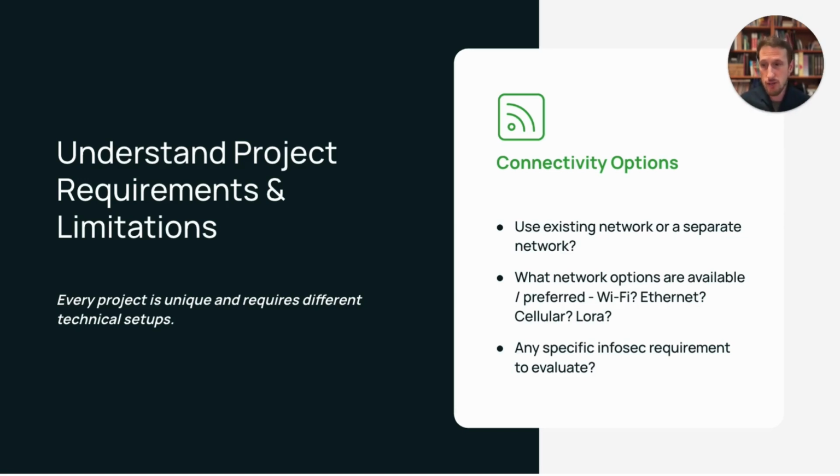Now, if your building doesn't have specific connectivity requirements, you have flexibility, which is actually really great. You can choose to connect to the existing building network, which has some pros, or you could choose to work on a totally separate network.